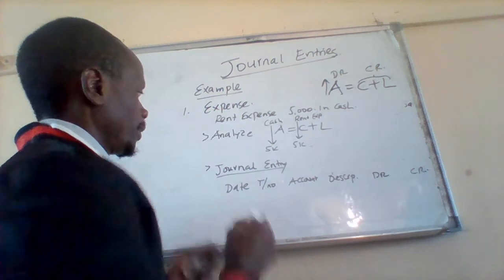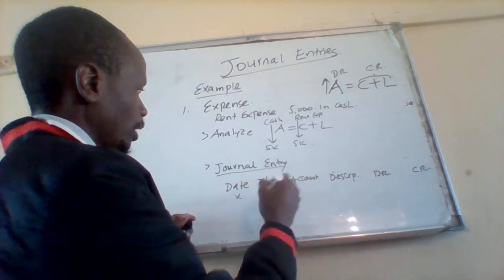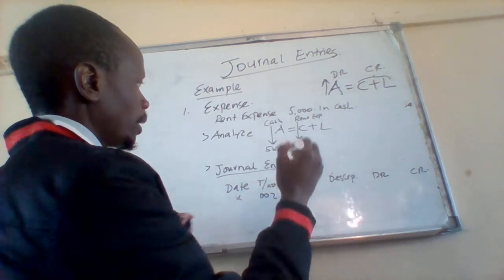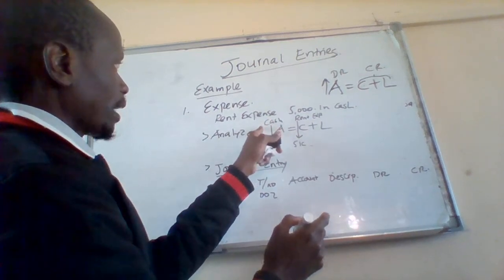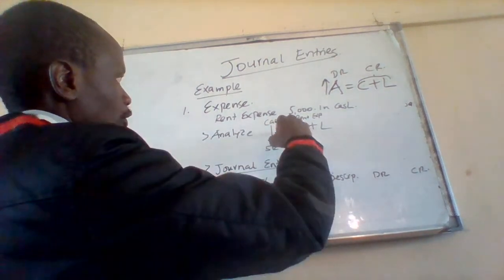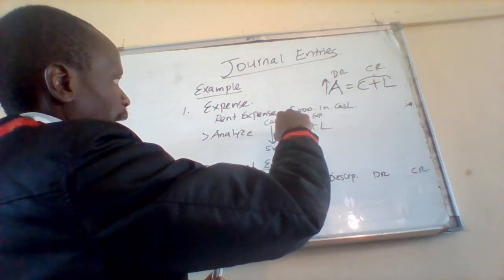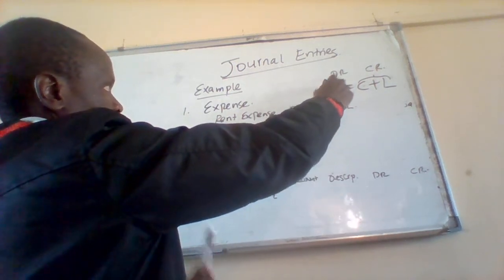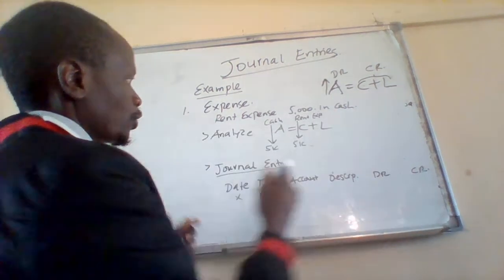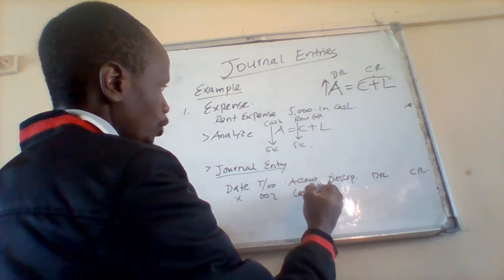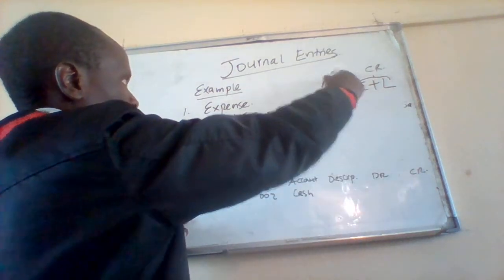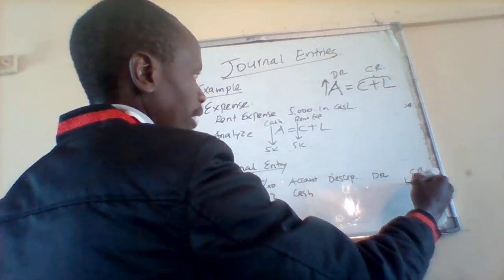Okay. Now date we're not given, transaction number, let me say it is number 2. Account. Now the first account is cash. An asset goes up with debit, but in this case asset has gone down. So the account which is cash, we are not going to debit it, we're going to credit it by 5,000.